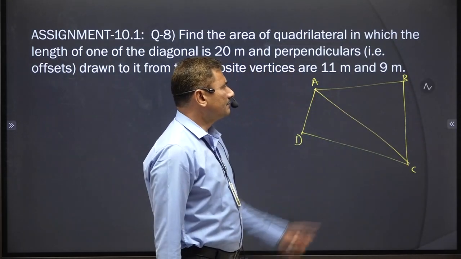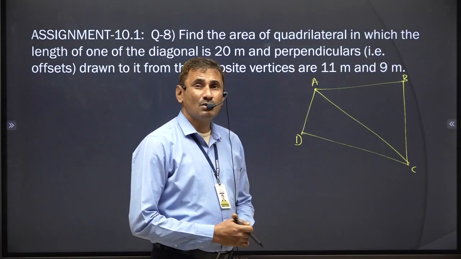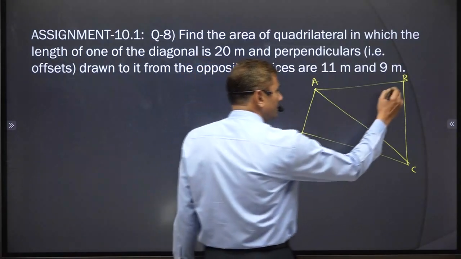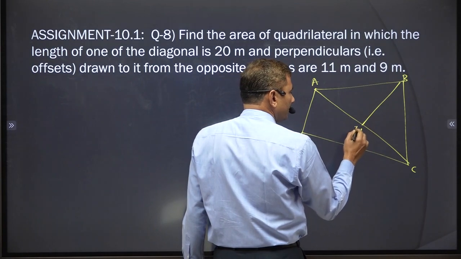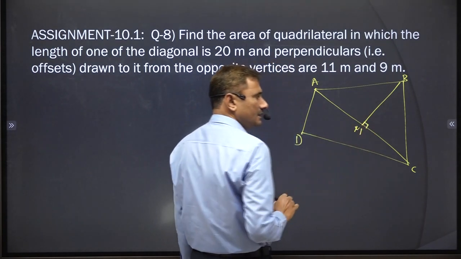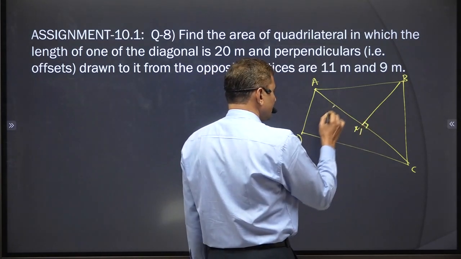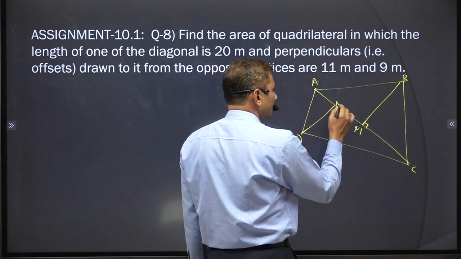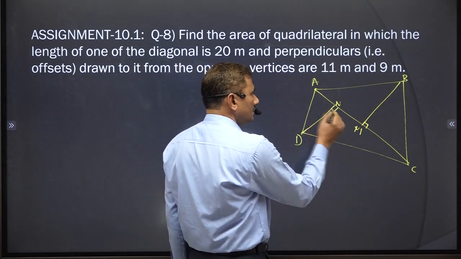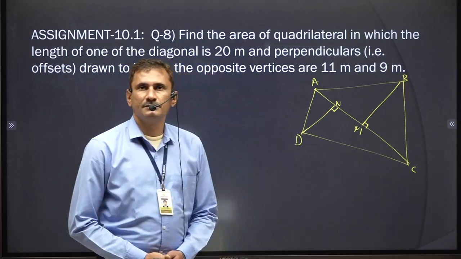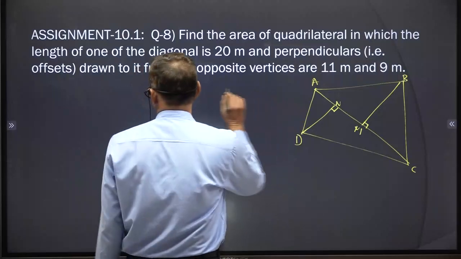Then the perpendiculars from B and D, the opposite vertices, are known as offsets. Let BM be the perpendicular from B on AC, that is one offset, and let the second be DN. Both are perpendiculars. These are known as offsets.